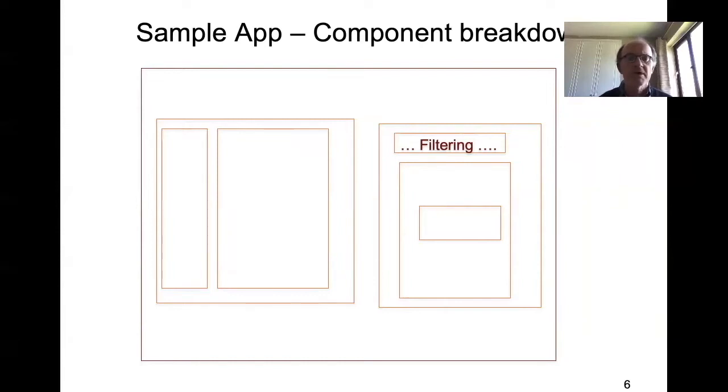Also, it's kind of a good idea in general, because any kind of web app that you develop, there will be kind of a header section in the UI. So by default, we tend to have a component that's just going to be responsible for rendering the header.